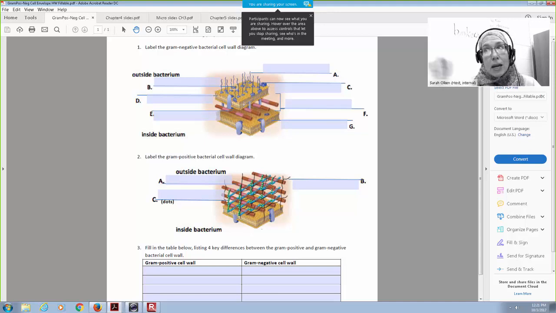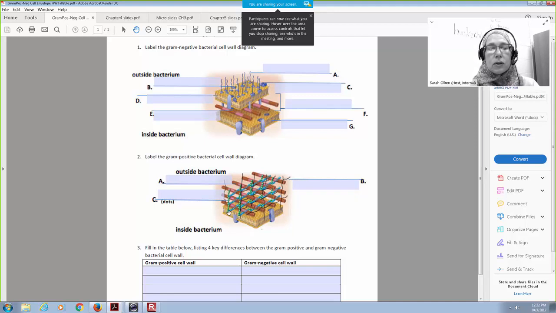So the major macromolecule in that structure are lipids, specifically phospholipids. So you can see that's the yellow balls with the gray tails of the lipid portion, the balls representing the phosphate group that joins the two lipid tails. And they're two layers, whether you're looking at the cell membrane of gram-positives or gram-negatives.